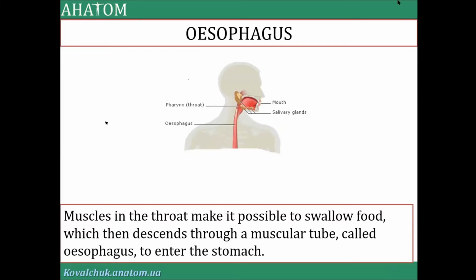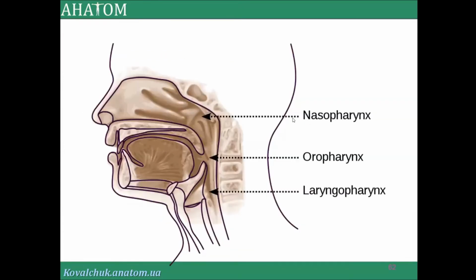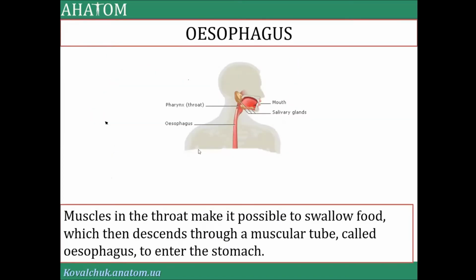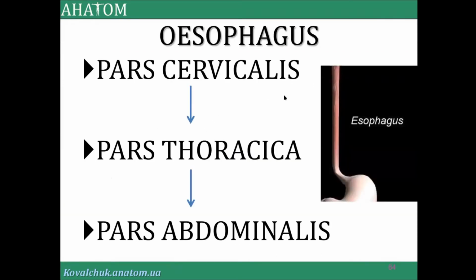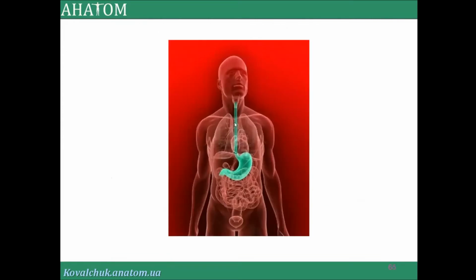And a very interesting moment: all tubal-form organs have 3 parts in the digestive system. For example, pharynx: nasopharynx, oropharynx, laryngopharynx. Tubal-form organs, and next one, esophagus with 3 parts: cervical, thoracic, and abdominal part.